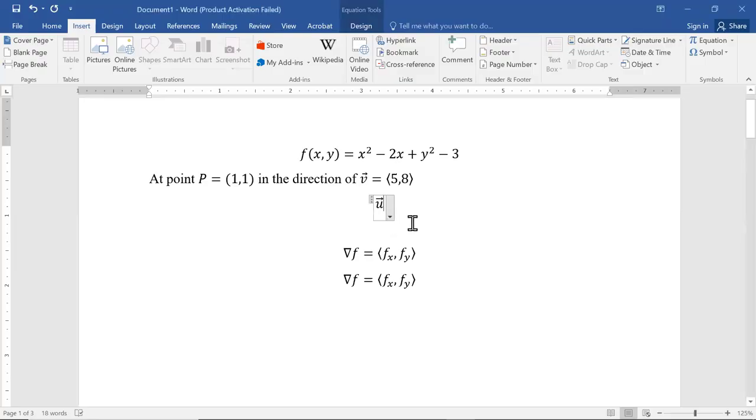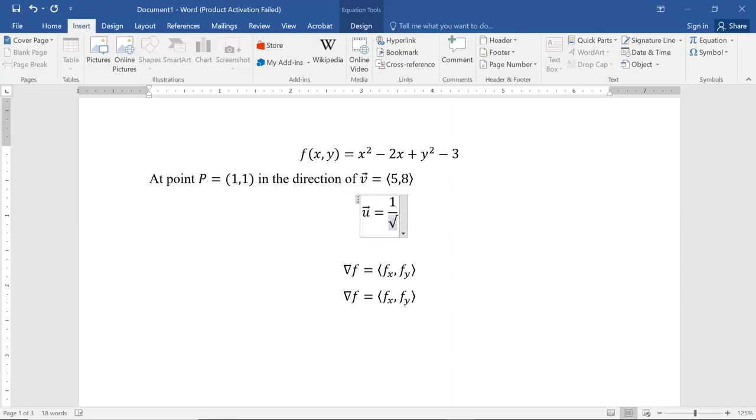All right, so we are starting at P of 1, 1 and going in the direction of 5, 8. Now, obviously, the vector 5, 8 is not a unit vector, so I'm going to make that into a unit vector by taking 1 divided by the magnitude of 5, 8.